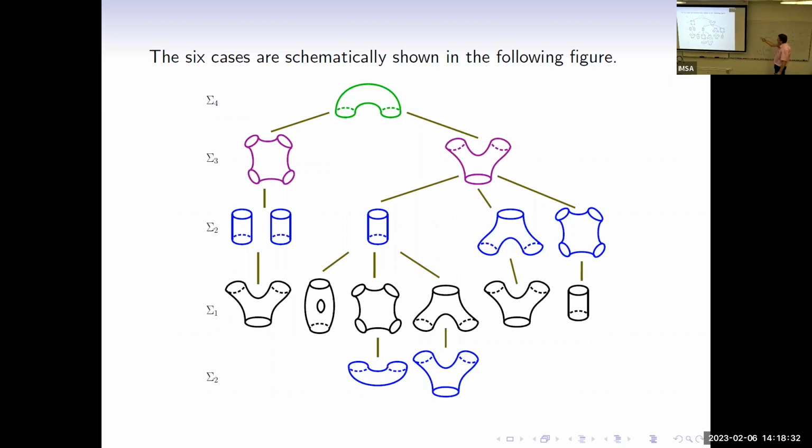Then another, in this case, 2 pairs of pants, something like that. And then another pair of pants. These are all possible decompositions.